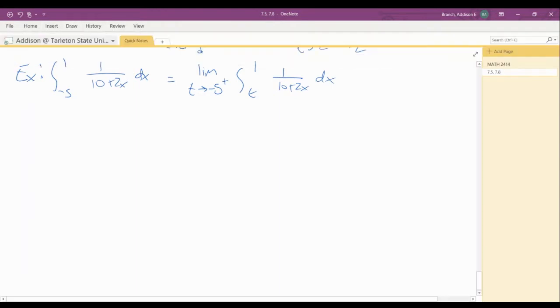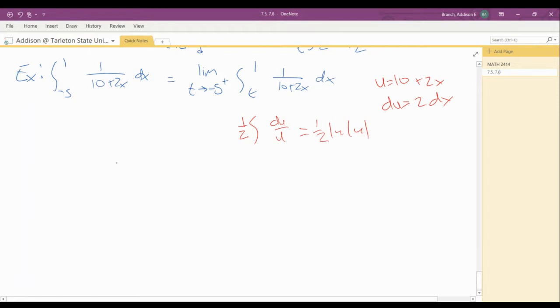If we look at this, we have a linear on the bottom, constant on top, a sign for a u sub, so we can let u be 10 plus 2x. du is 2 dx. So therefore, we are going to get 1/2 times du over u, natural log of u.